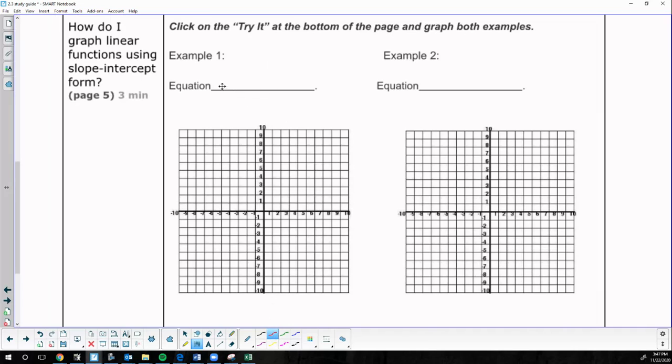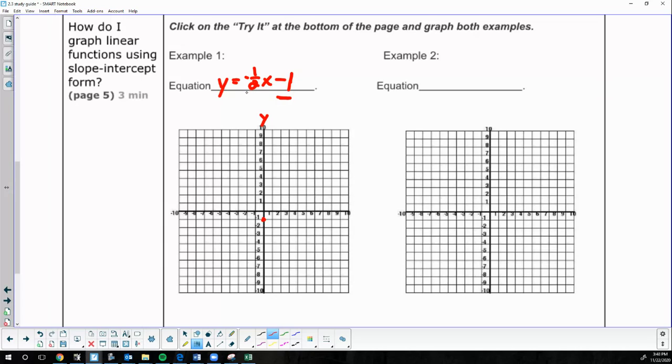So the first equation was y equals negative 1/2 x minus 1. So if you remember anything from last year, and if not, just kind of pay attention. You always start with the y-intercept. So the y-intercept is -1. On this y-axis, you put your first point at -1.